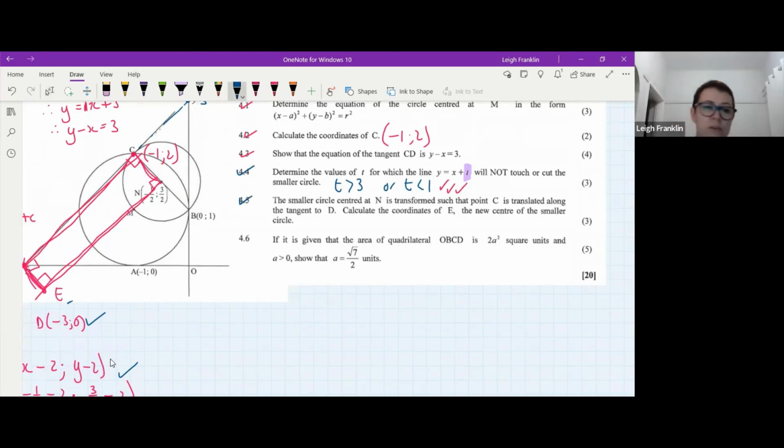All right, so now they say to us, it is given that the area of quadrilateral, let's get rid of this pink rectangle so that we can see what's going on here again. Okay, so the area of quadrilateral OBCD, so that's this. I'm just going to highlight it in purple.